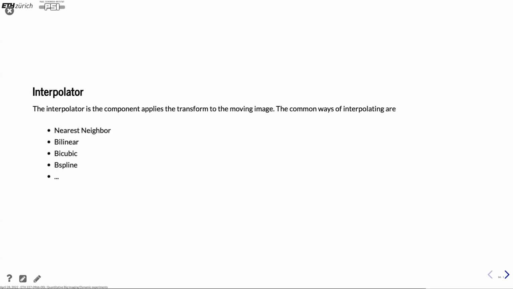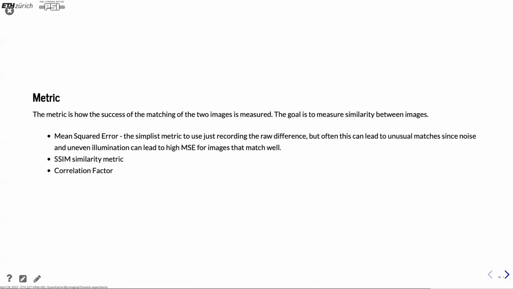Then we have different interpolators: nearest neighbor interpolation, bilinear, bicubic, B-spline, etc. There are quite many ways of doing the interpolation. And finally, we have different metrics to work with.